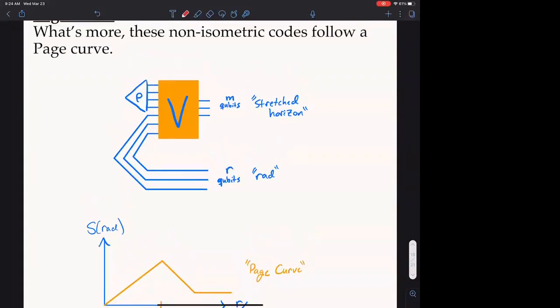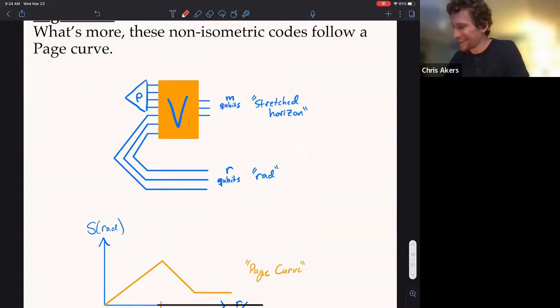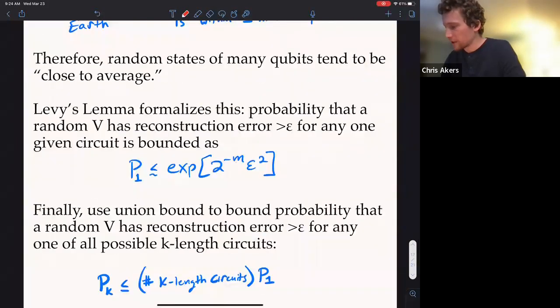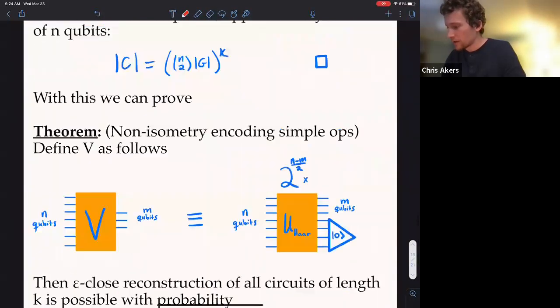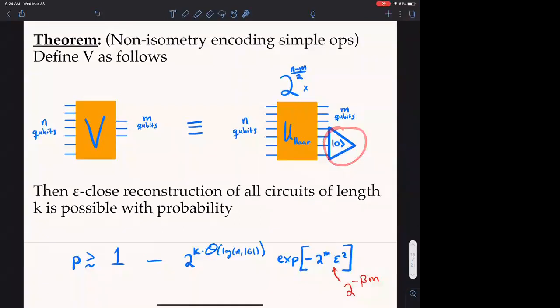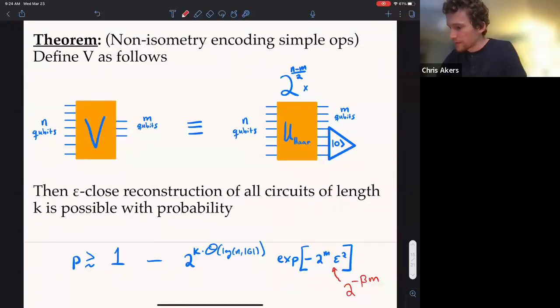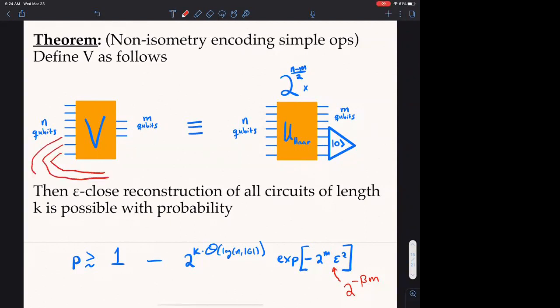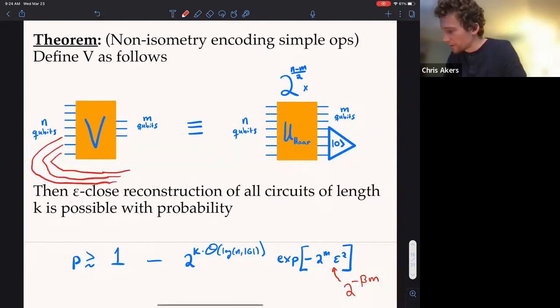That's a great question. I thought you might ask this, Emil. The answer is that the magic is happening with this post-selection here. Maybe I can draw a picture. If I imagine the input to this code, there are these Bell pairs, the Hawking partners.